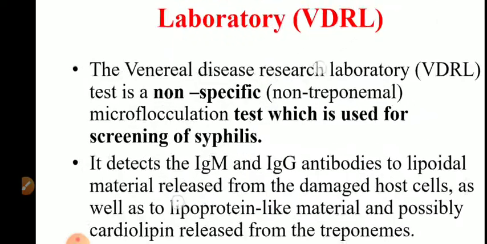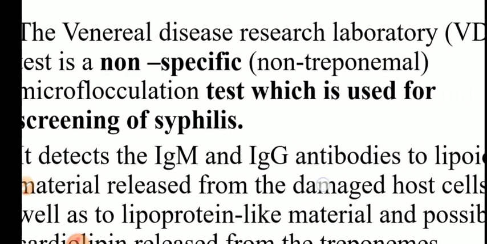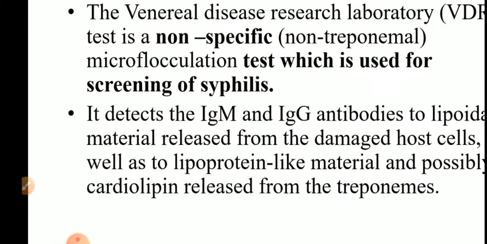This is actually a non-specific test used for the rapid screening of syphilis. So, VDRL is a non-specific, non-treponemal microflocculation test used for detection of syphilis for rapid screening of syphilis.